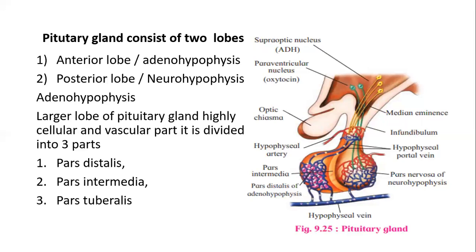Pituitary gland is lodged in a bony depression which is known as sella turcica of the sphenoid bone. And these two lobes, adenohypophysis, the anterior lobe, and neurohypophysis, the posterior lobe, both develop from different parts of the embryo, and that's why they are known as dual in origin.